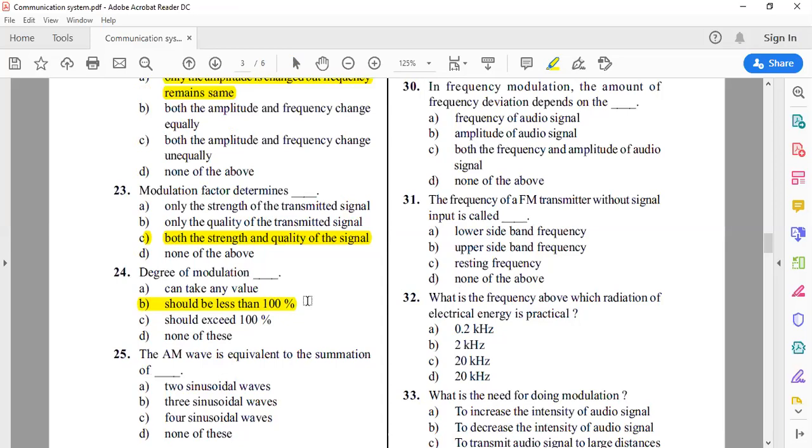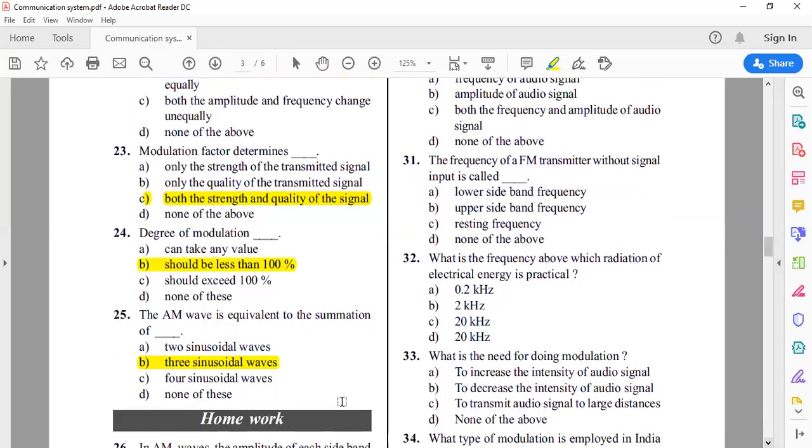So the correct option for question number 25 is option number B, three sinusoidal waves. Why? Because in amplitude modulation, the amplitude of the carrier wave changes depending upon the information signal. So the correct option for question number 25 is option number B.